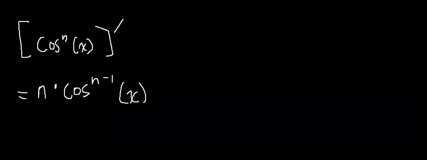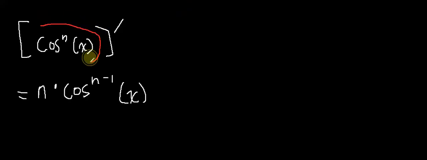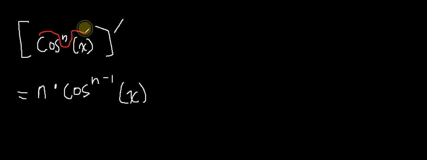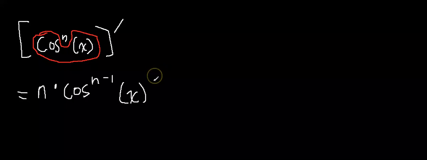And now we need to multiply by the derivative of the inside function, cosine x, and we know that the derivative of cosine, again from the data booklet, is negative sine x.